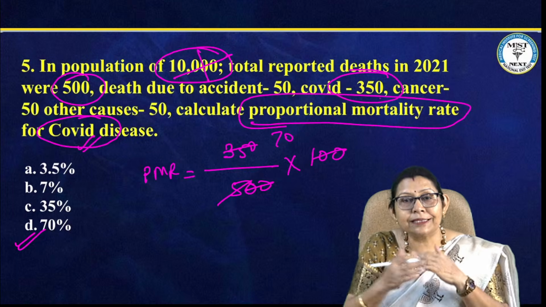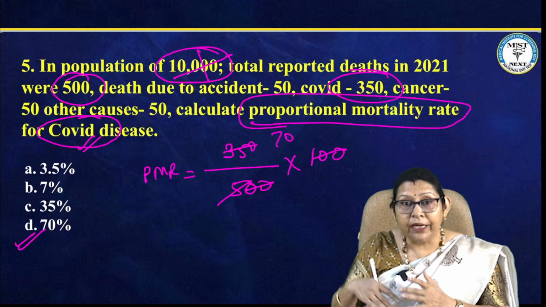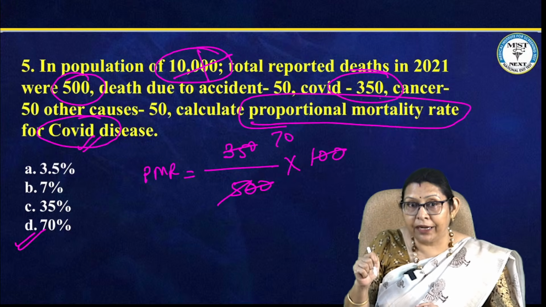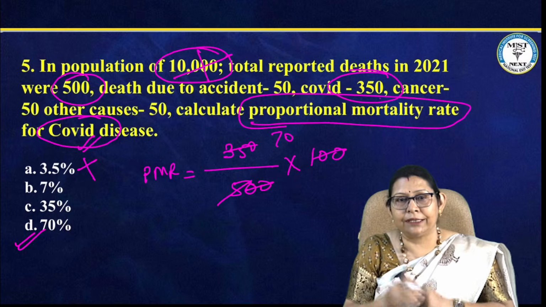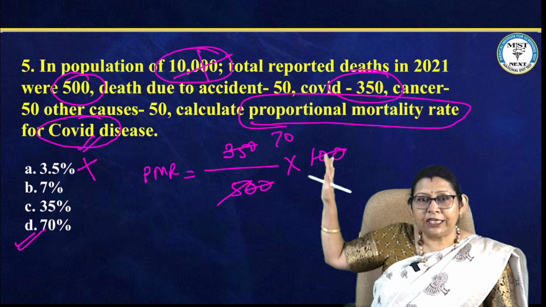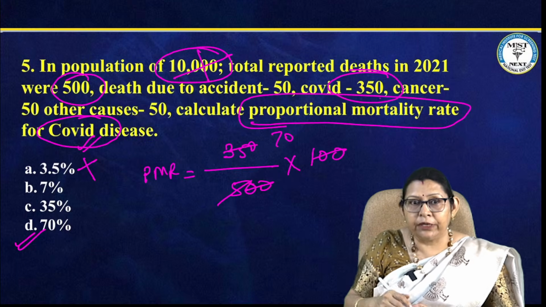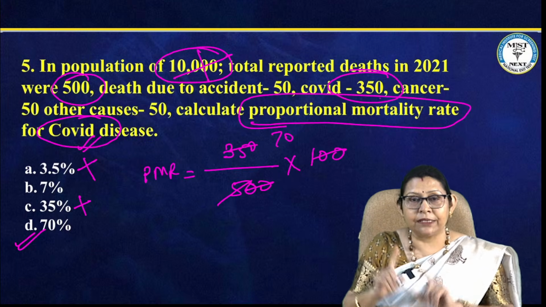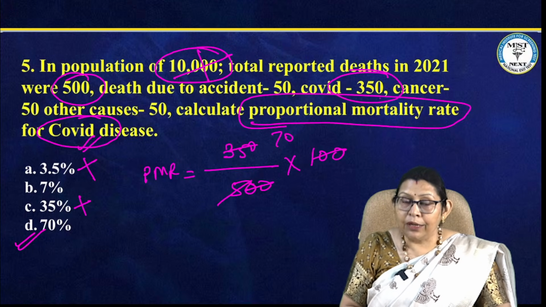If you take 10,000 as the denominator and express it per 100, you might get your answer as 3.5%. That is a wrong statement. If you express it per 1,000, taking 10,000 as the denominator, you might have 35%. That is also a wrong statement.